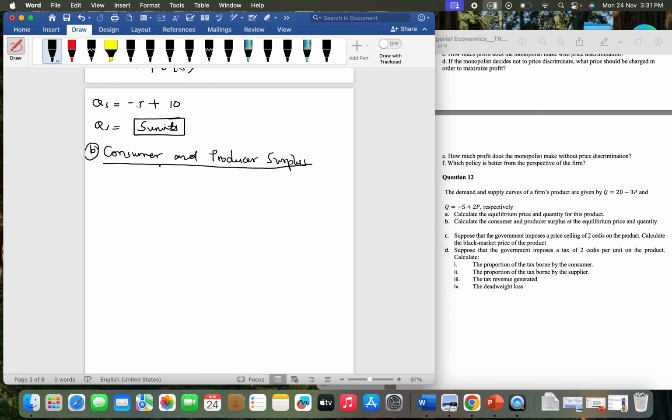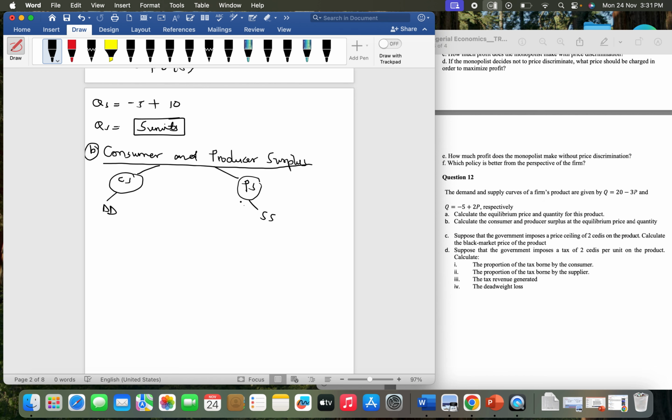With consumer surplus, we use the demand function. With producer surplus, we use the supply function. So consumer deals with demand, producer deals with supply.